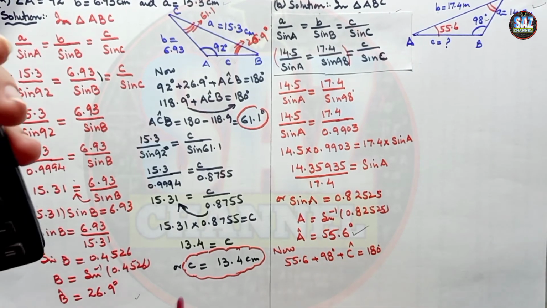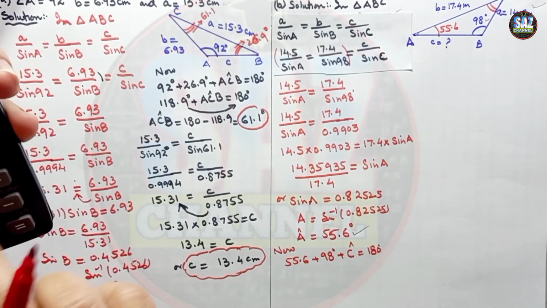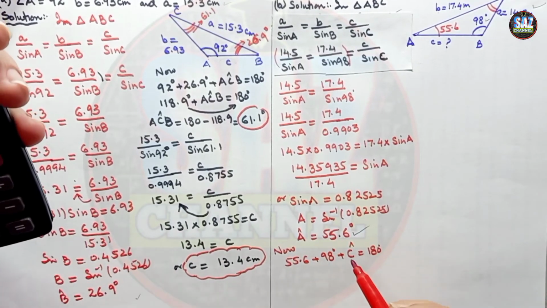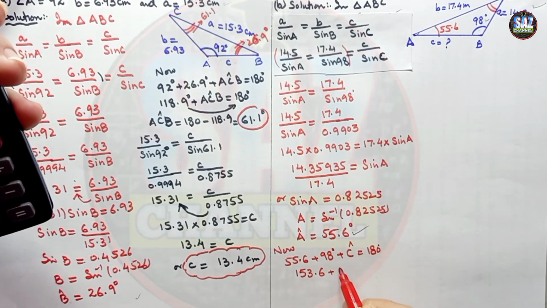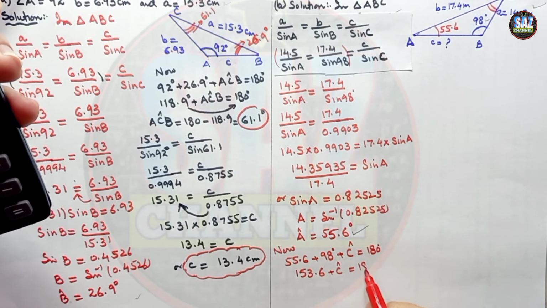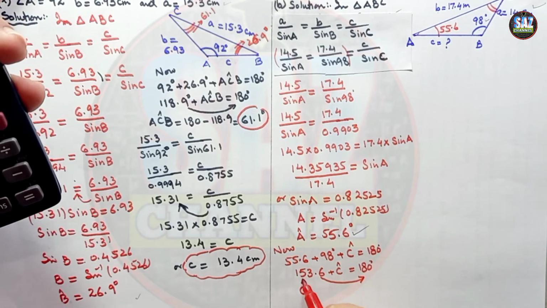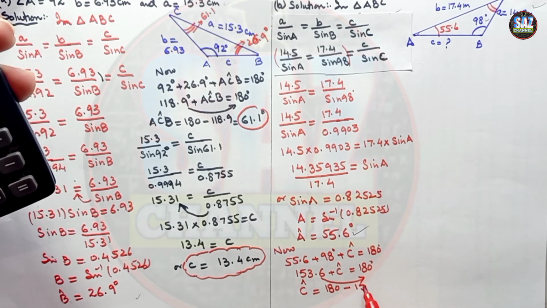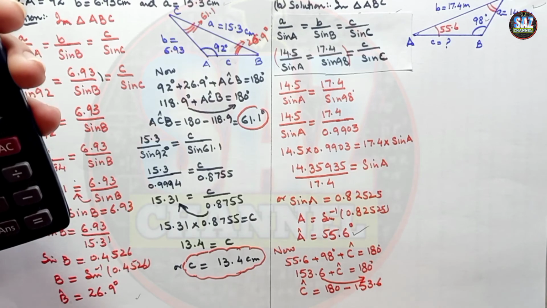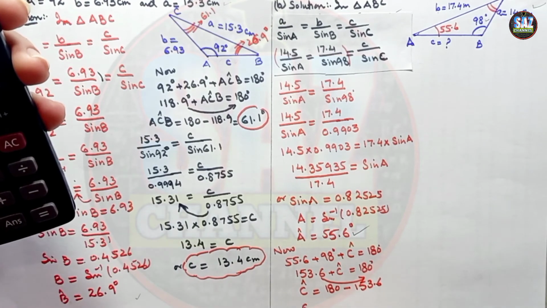Adding 55.6 plus 98 gives me 153.6 plus angle C equals 180 degrees. Shift 153.6 to the other side and subtract it from 180 degrees, so 180 minus 153.6.